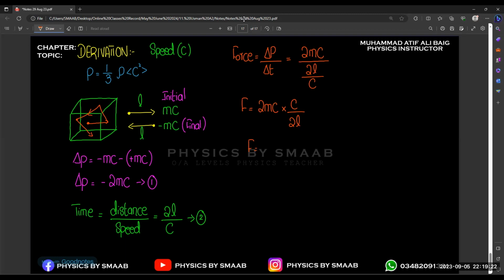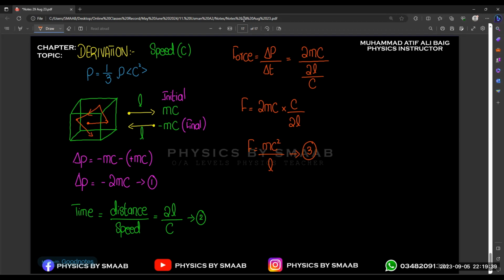So force will be equal to mc square over l. Clear? So this is the value of force.